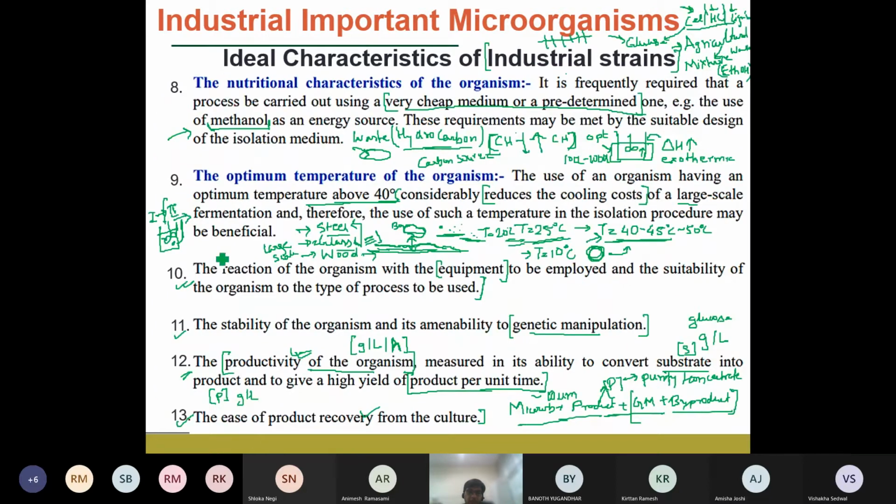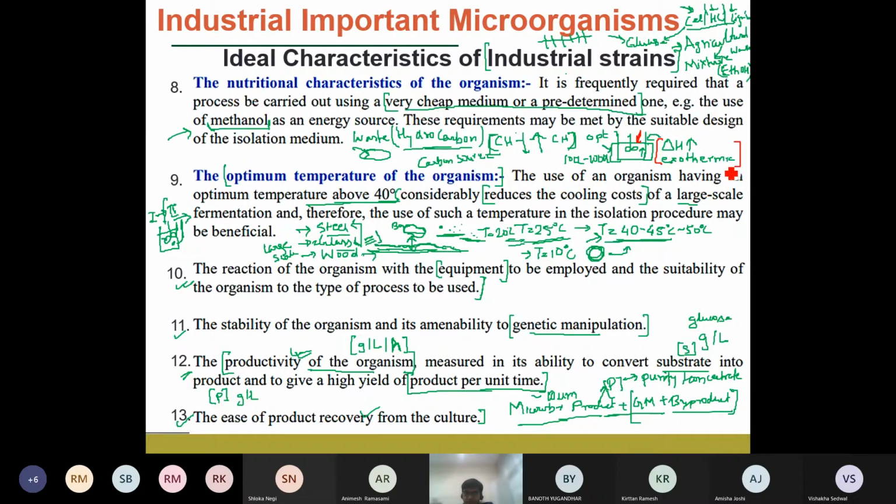We also saw other characteristics, like the optimum temperature at which the microorganisms grow. The optimum temperature should be around 40 degrees, because the fermentation process, or the growth of the microbes, is accompanied by the generation of heat.